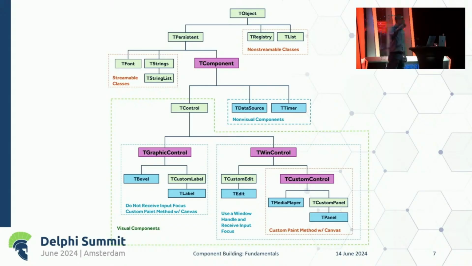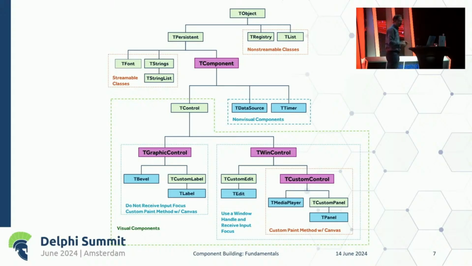Our components are TPersistent descendants because components reside on a form that gets streamed out to a DFM file. The same is true for FMX. FMX controls are TComponents. There's also a TControl in FMX, but it's a different class completely than the VCL TControl. And that's our next level down.